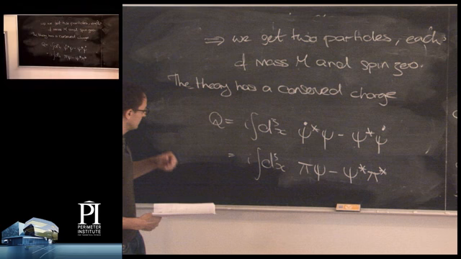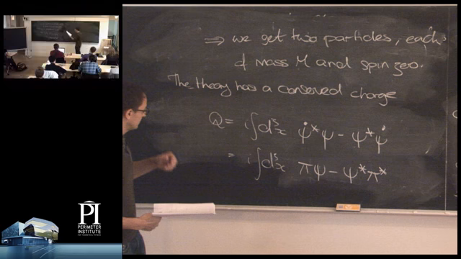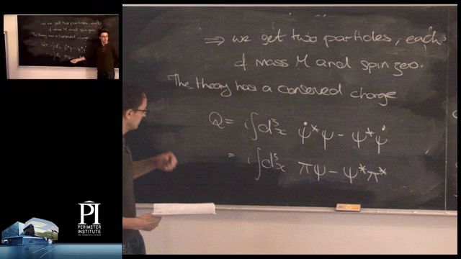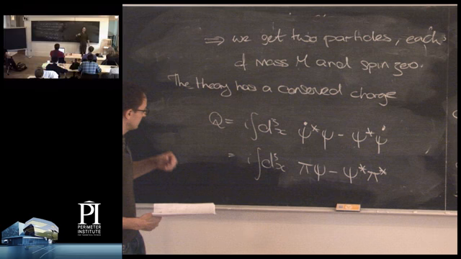Okay, so now comes one of these tedious exercises that you're going to do over the weekend. Plug in the definitions of pi and psi in terms of the mode operators, the b's and the c's. Do the integral over x. There'll be one of these annoying infinite coefficients that you'll throw away by normal ordering.